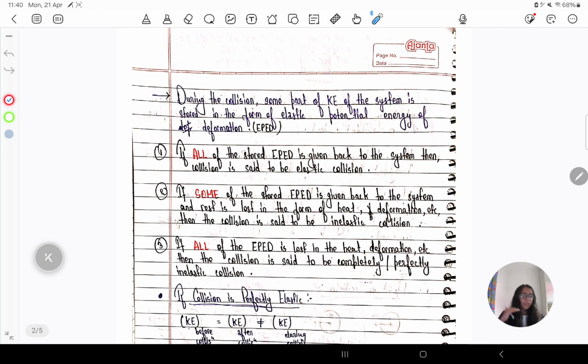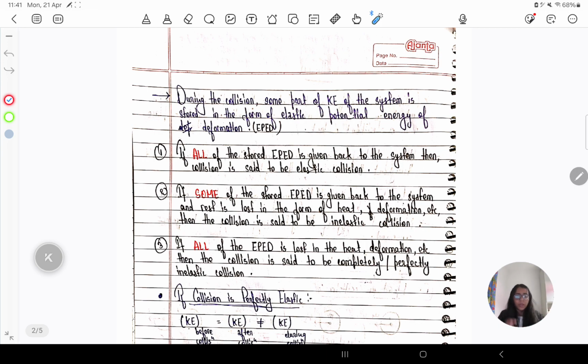Now, these were the two extreme cases. When all of that EPED of the body is returned back, that is called perfectly elastic collision. When all of that EPED of the body is used up, it is called perfectly inelastic collision. Now, we have cases where initially the body was moving with some kinetic energy, and during collision some of that kinetic energy is stored in the form of EPED, right?